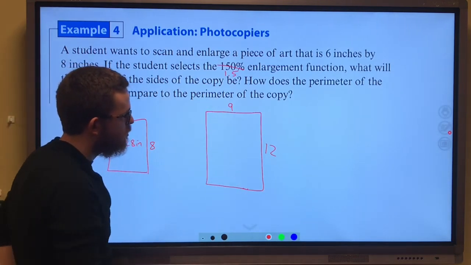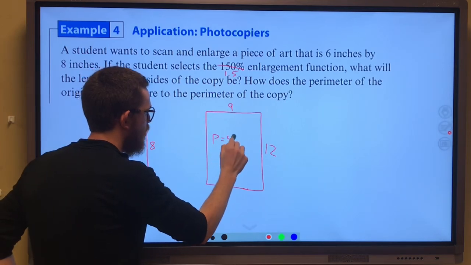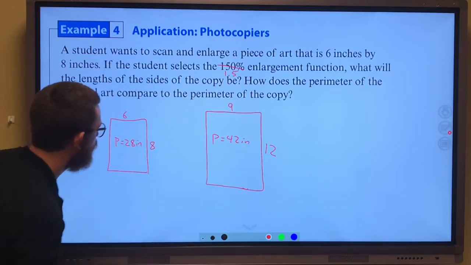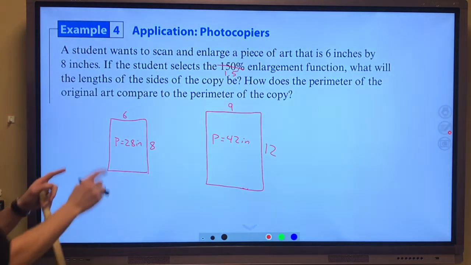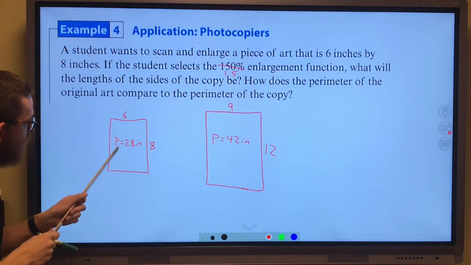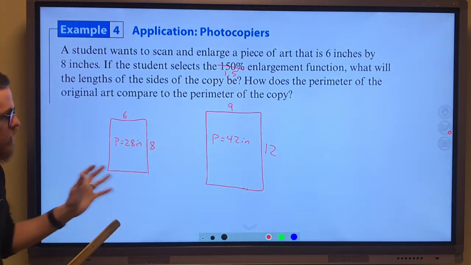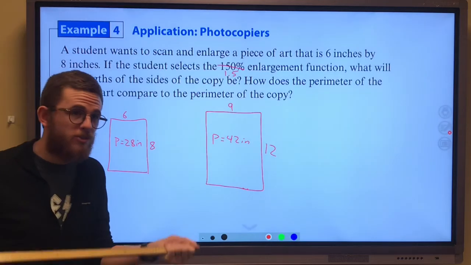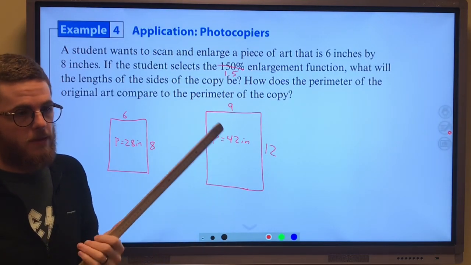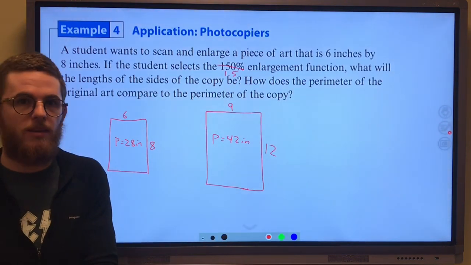Here, 9 plus 12 is 21, plus 21, the perimeter is 42 inches. Notice that as the side lengths were multiplied by 1.5, the perimeter was also multiplied by 1.5. These are similar figures, and we know that with similar figures, we can see the ratio of the sides, but the perimeter is going to have that same ratio.